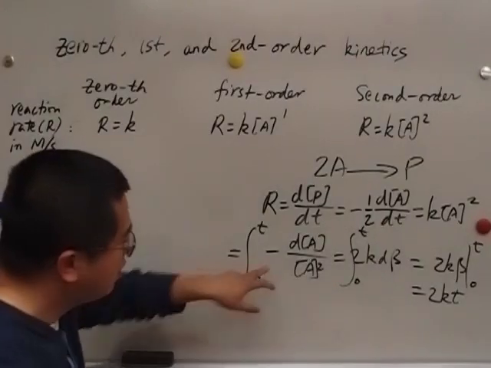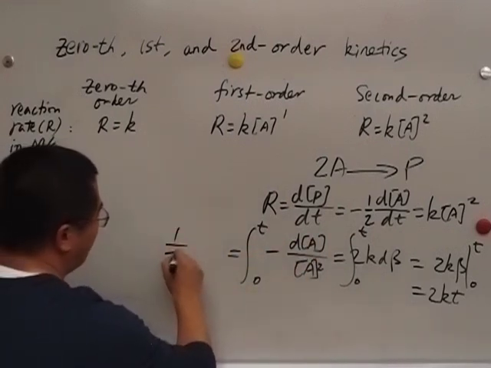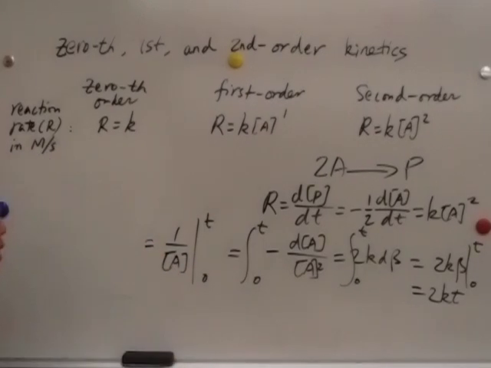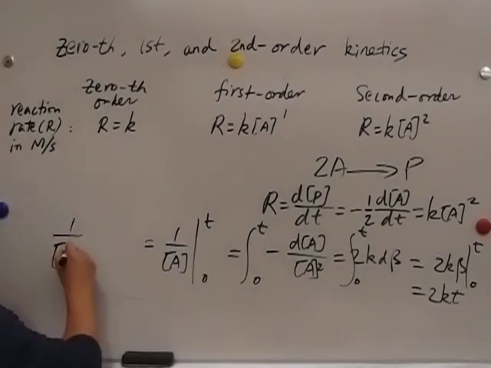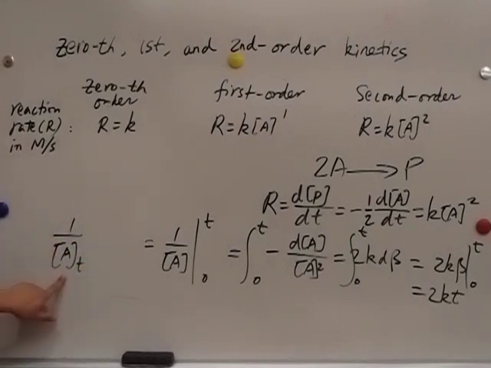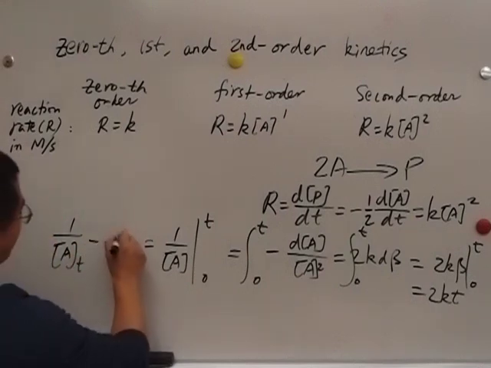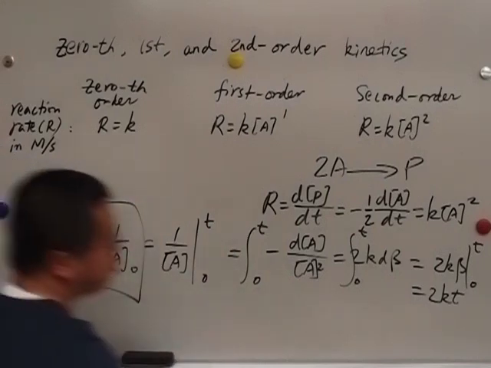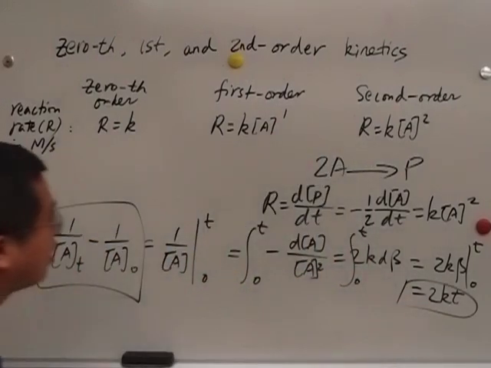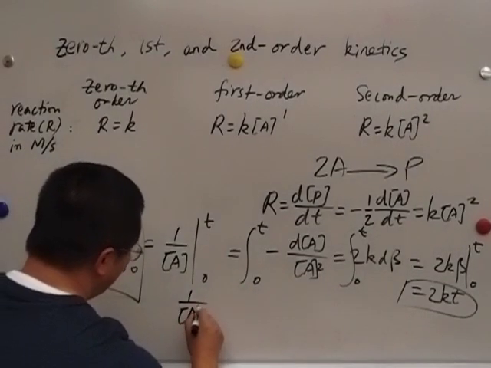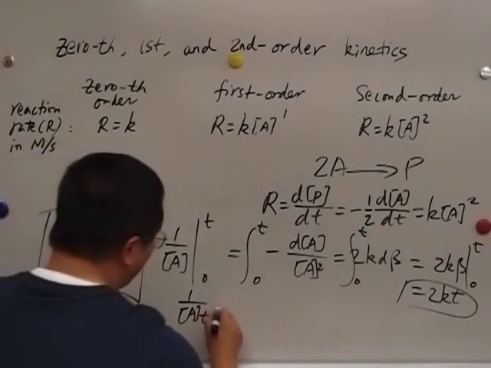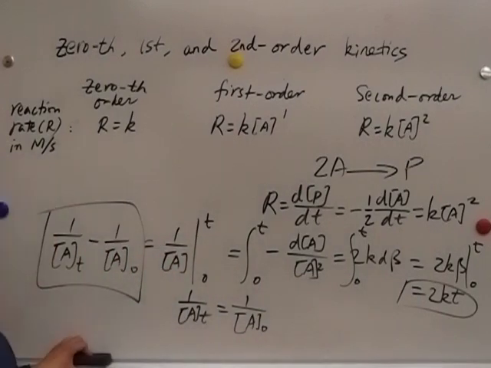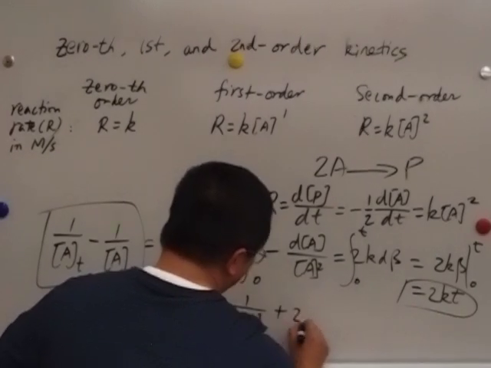Now over here, the integral of this is just 1 over A from time 0 to time t. And then basically it's the reciprocal of the concentration of A at time t minus the reciprocal of the initial concentration of A. Look at this part, and we're going to say, well, the reciprocal of the concentration of A at any given time t is the reciprocal of the initial concentration of A plus 2kt.